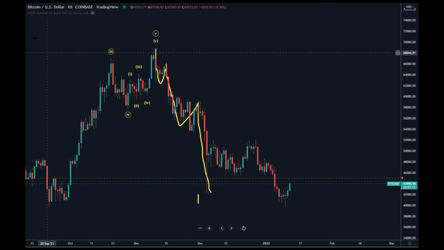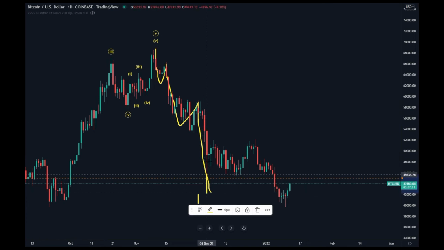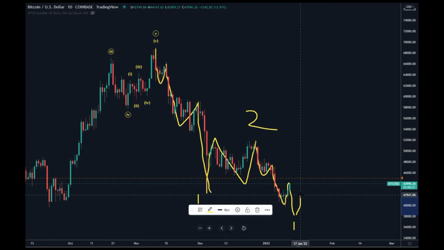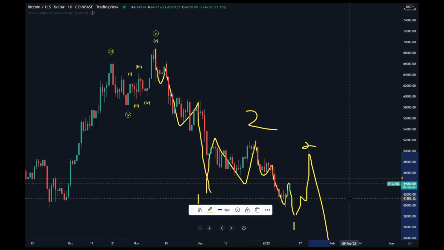So if that's a 1, then this is a 2, and then we're working on a 3, and this is supposed to be a 4. We're going to find out. A 5 into a smaller degree 1, and then we would get another counter trend for a smaller degree 2, and then you get your 3 of the 3, if that's what this is.